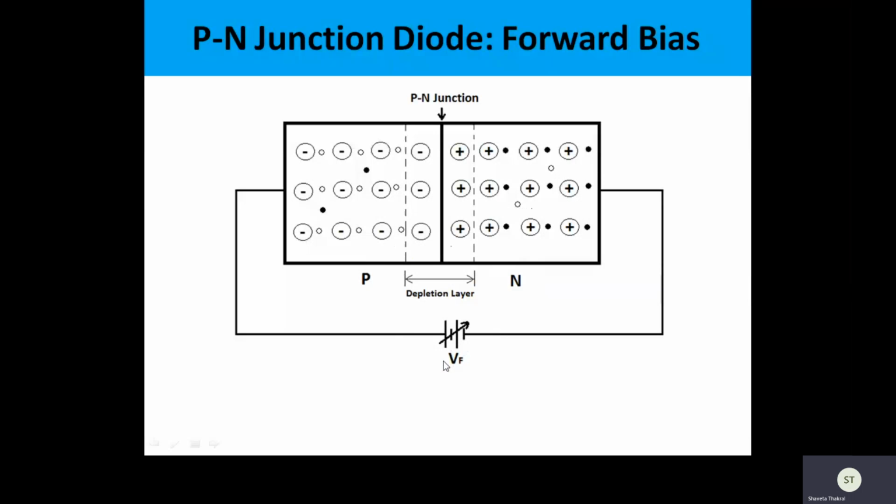That voltage is called the knee voltage. Knee voltage is the minimum amount of voltage applied to break the junction barrier, because until the point of 0.3 volt or 0.7 volt, let's say VF is less than 0.3, and we are taking the case of germanium.